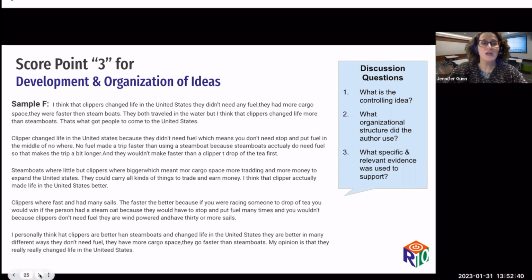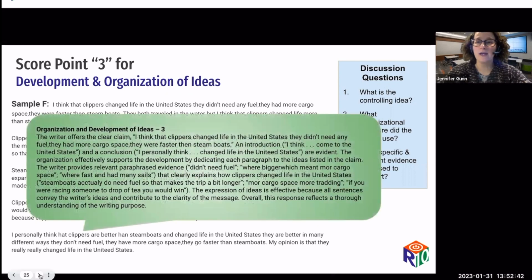So this student on this 5th grade extended constructed response scored a 3 for the development and organization of ideas. They offer a claim. I think clippers changed life in the United States. Okay, they list reasons in that introduction, and their organization is paragraph by paragraph connected to the ideas listed in that claim.